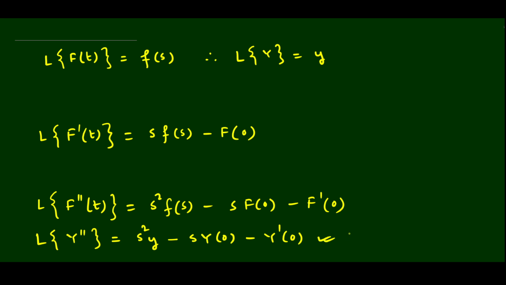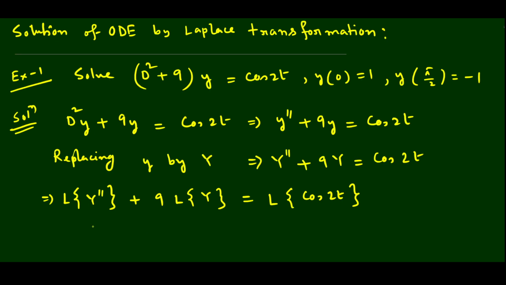Now in our problem, we are going to use these two. So L of Y double dash will be s square y minus s y of 0, and then minus y dash of 0, plus 9 into Laplace transformation of Y, which is simple y.